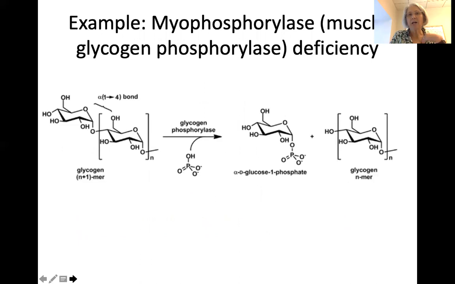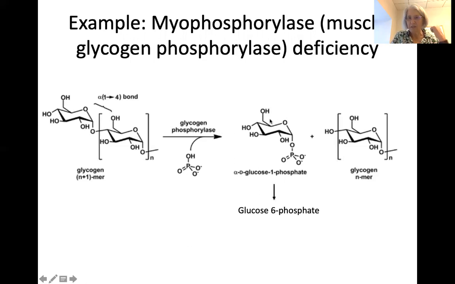Here's an example of myophosphorylase deficiency, which is muscle glycogen phosphorylase deficiency. It's also called McArdle's disease. So a reminder, glycogen phosphorylase is the enzyme that uses phosphate to cleave off glucose molecules from glycogen, resulting in glucose 1-phosphate, which can then be isomerized to glucose 6-phosphate.